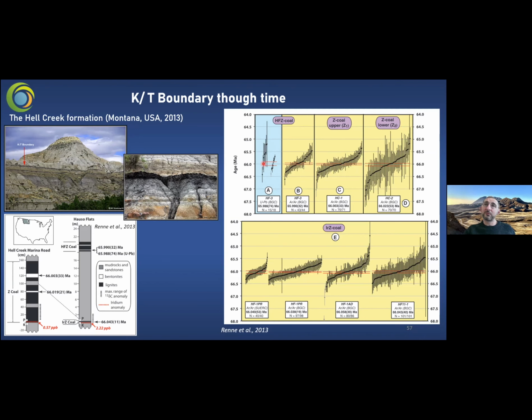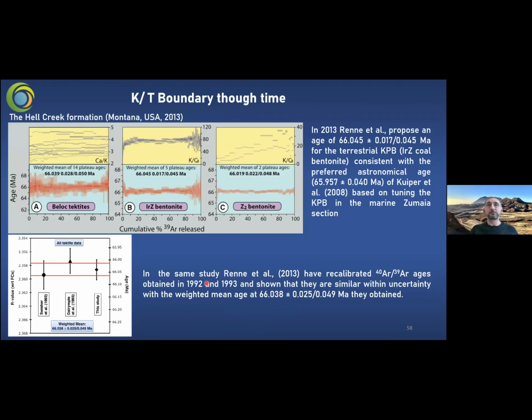It's not that many minerals, but they all correspond within uncertainty to the mean of the sanidine ages that have been measured. These are other examples of the quantity of measurement that could be used to date a particular bentonite layer, which is to compare with zircon chronology.